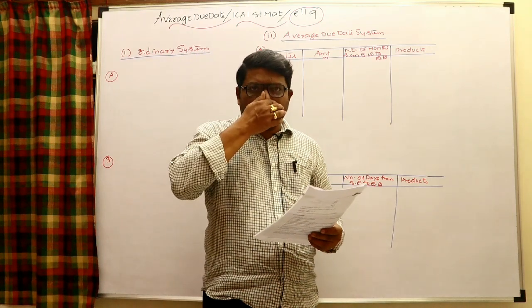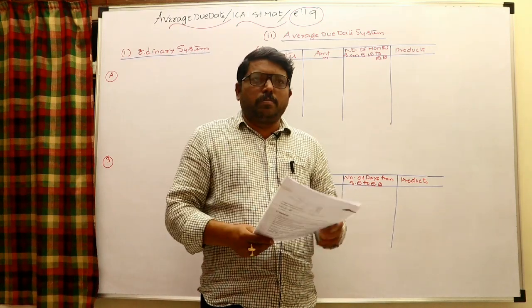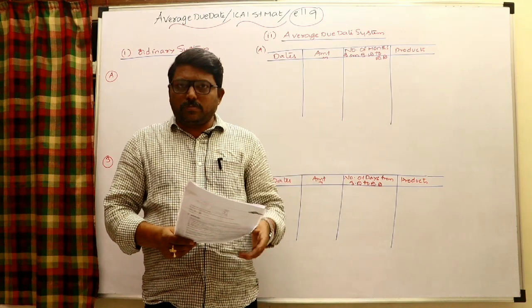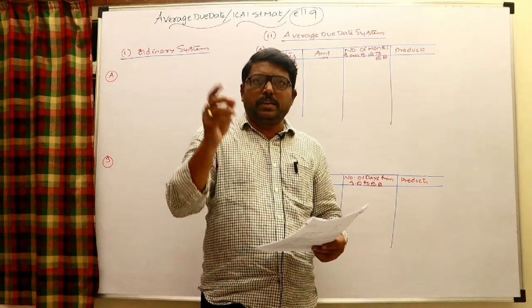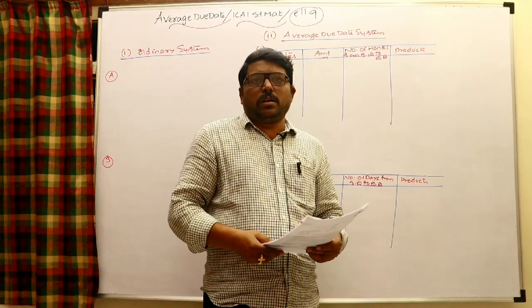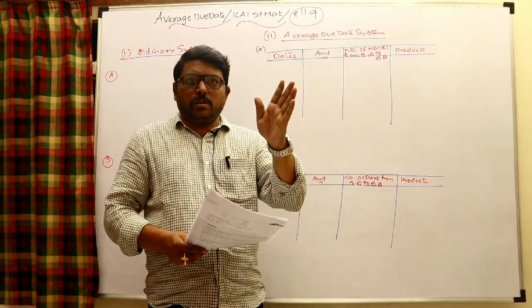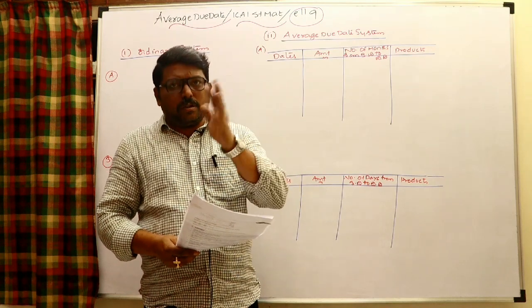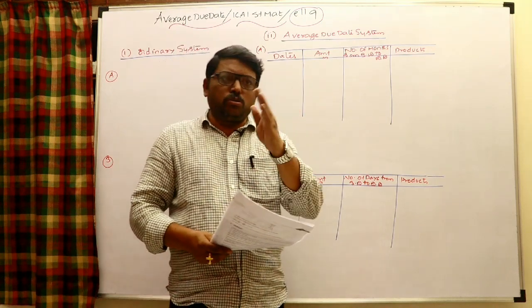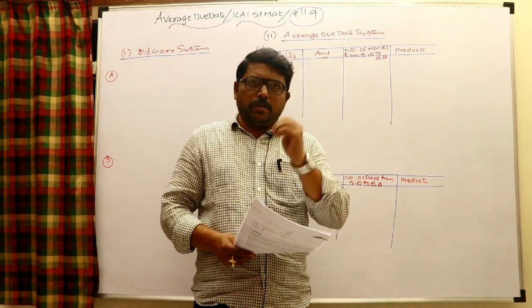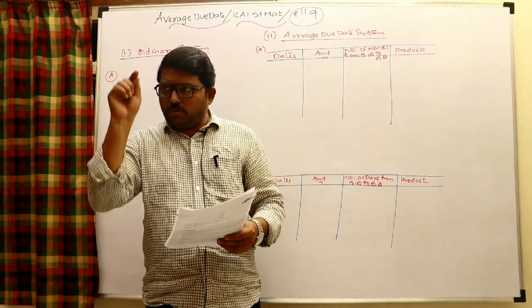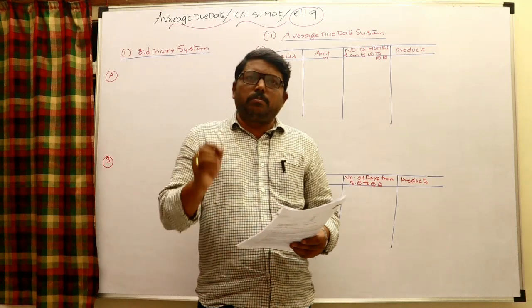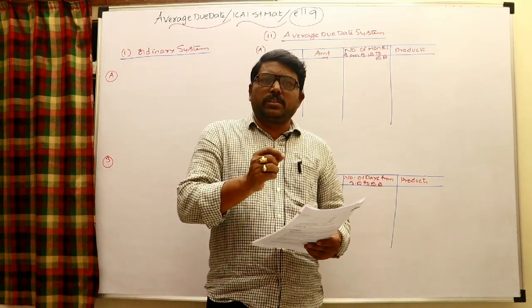Here we are going to work out the products method. Simply multiply the amount withdrawn by the number of months for which interest has to be paid, or by the number of days, and get the product. Go for the total of the products.